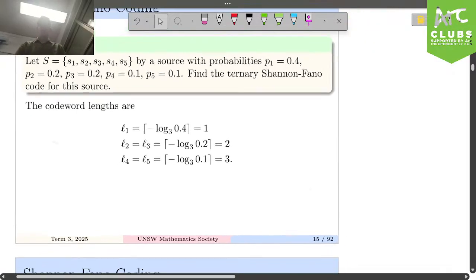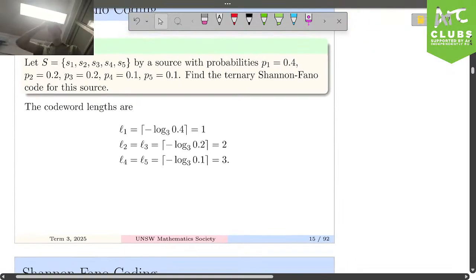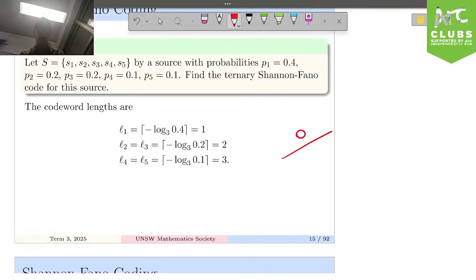So we have the lengths that we want, and we can construct such a code by trying to do so from a tree. We can say 0 here for C1 because we want length 1. Then we want length 2. We can go 1, 0, 2, 1, 3, and 2, because we're working with ternary, we can make 3 branches.